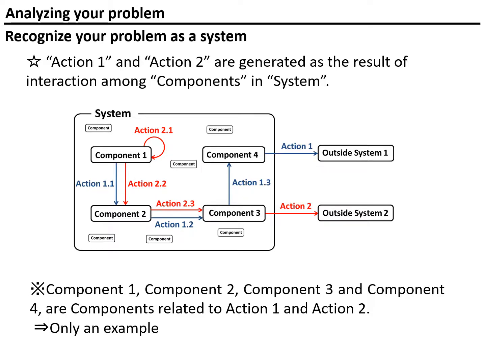This is an example of how positive state and negative state are generated. There are many components, and for the positive state and negative state, components 1, 2, 3, 4 are engaged. So I'm going to perform function analysis to describe how these states, positive and negative, are generated.